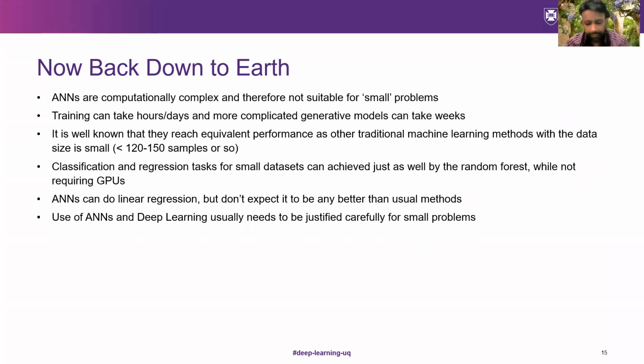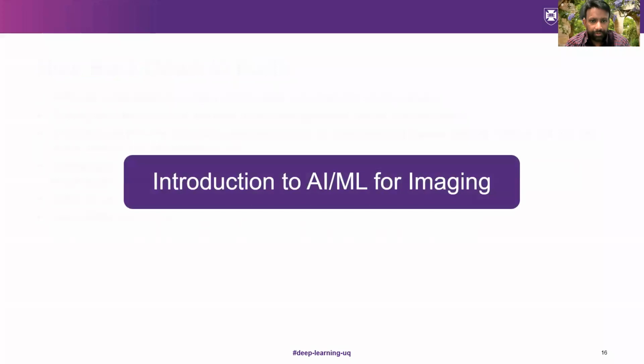So for small problems, it's probably best to use traditional machine learning, but when you're going into big things, look at neural networks. So that's a basic rundown of why I think AI is a revolution, not a hype: not just providing what looks like better performance, but many advantages across the board.